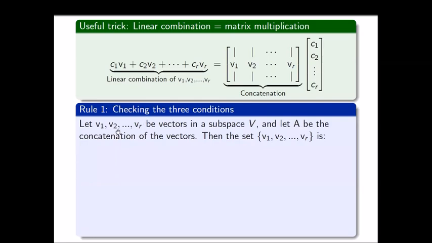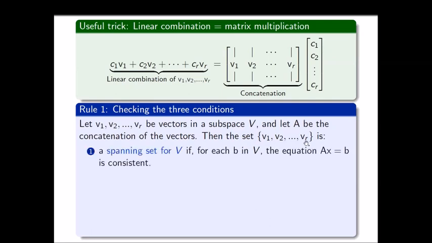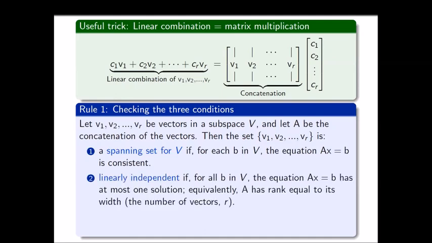If v1 through vr are vectors in a subspace V, and A is the concatenation matrix of these vectors, then the set v1 through vr is a spanning set for V if for each b in V, the equation Ax equal to b is consistent. So there is at least one solution.